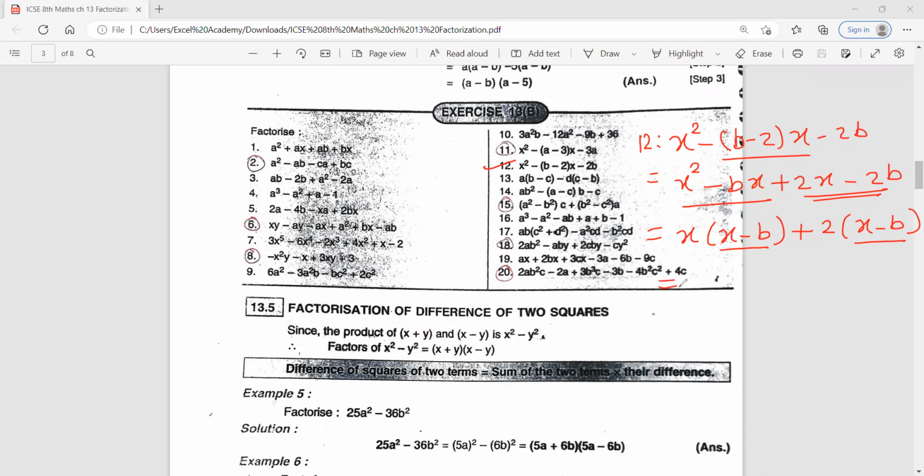So if you notice, we have x minus b bracket common. So we have x minus b in one bracket and x plus 2 in another bracket. These are the two factors. This is the first factor. This is the second factor. Clear? Easy? Okay, let's do 13th.